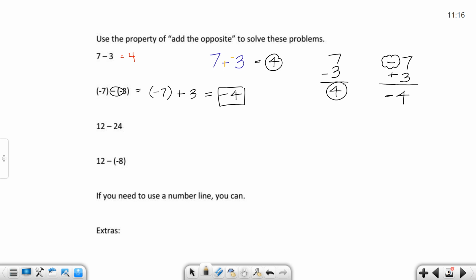Looking at this next one, you have 12 minus 24. You could say add the opposite if you wanted to. You could just come to the side and say, okay, I've got a 24 that's negative and a 12. If I subtract those, since my bigger one is negative, this result is going to be negative.